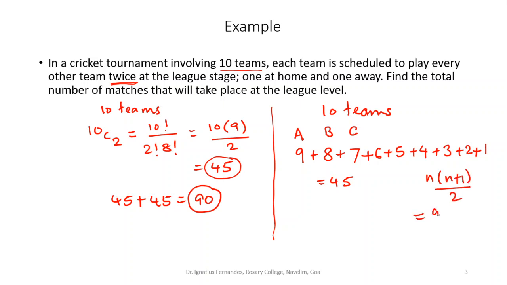Here it is 9 into 10 upon 2, that is equal to 45. Now this is when a team plays exactly once with every other opponent. Since they play twice, it will be 45 plus 45, that is 90. So either we can use the combinations formula and find the answer, or we could also find it manually.